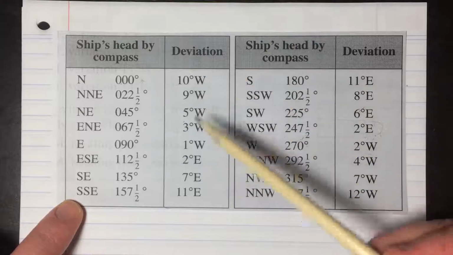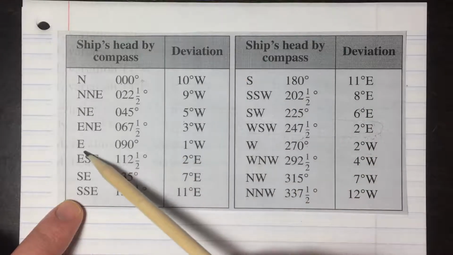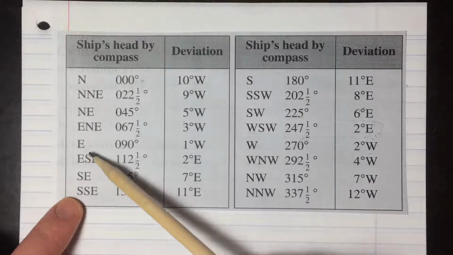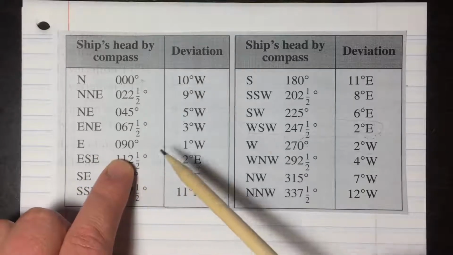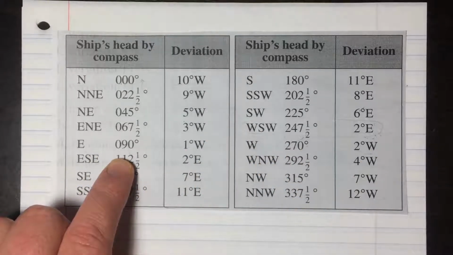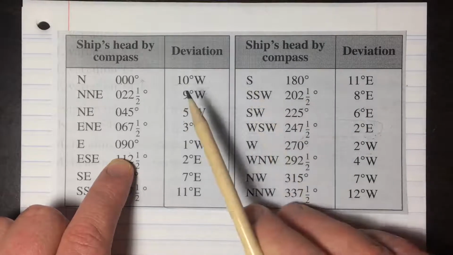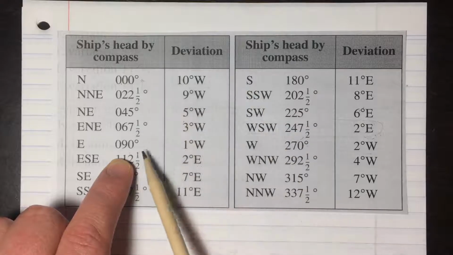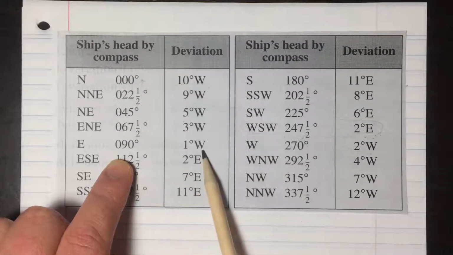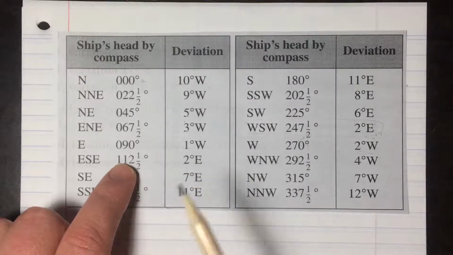So for example, if the ship's head by compass is 90 degrees, so due east, then what that means is that the compass has actually shifted 1 degree to the west from what it should be.